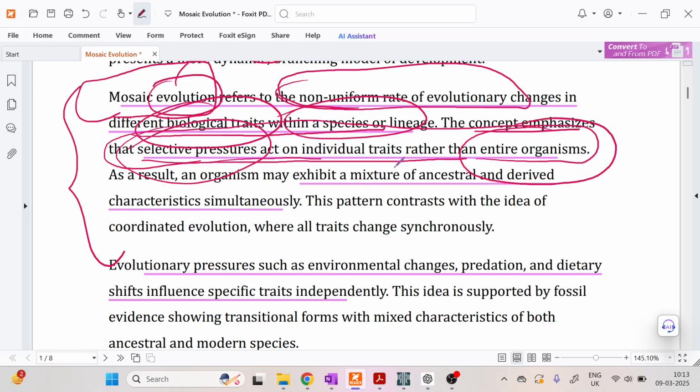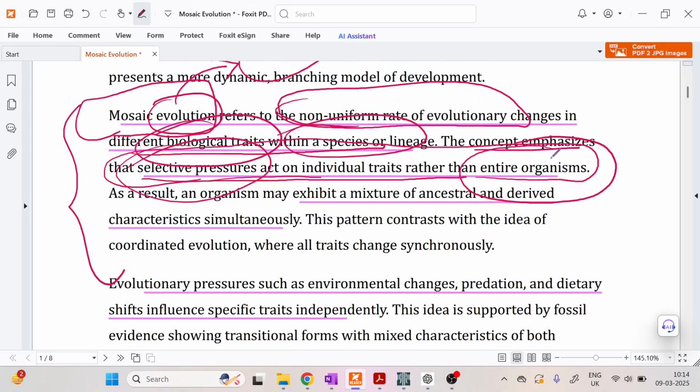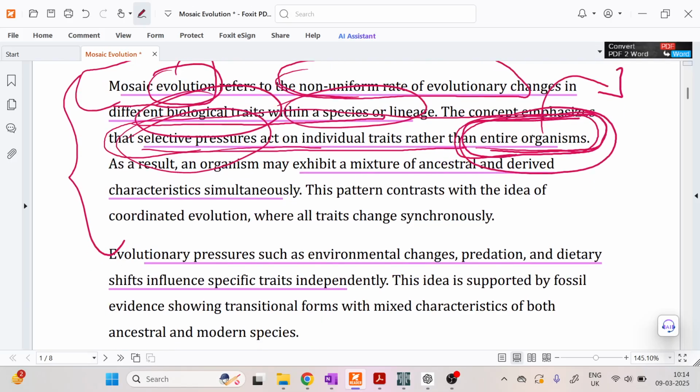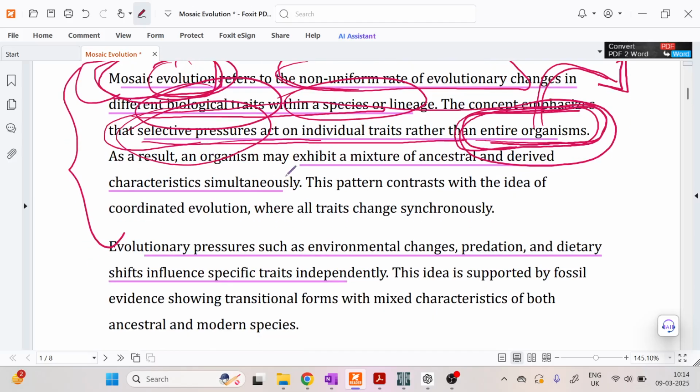So the focus on individual traits wasn't given its due place, because it was believed that if the environment is acting on a certain species and it is evolving, then all the biological characteristics will evolve simultaneously. But mosaic evolution has another take on evolution.